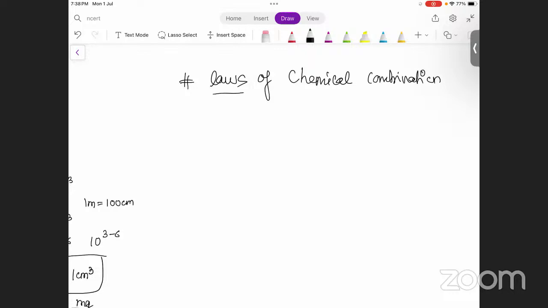Here, we will be learning about 5 basic laws. The first law is the law of conservation of mass.